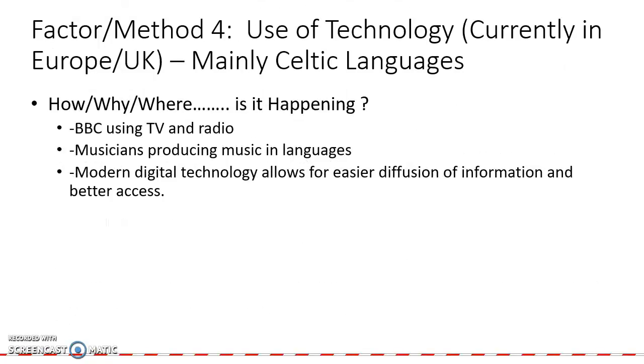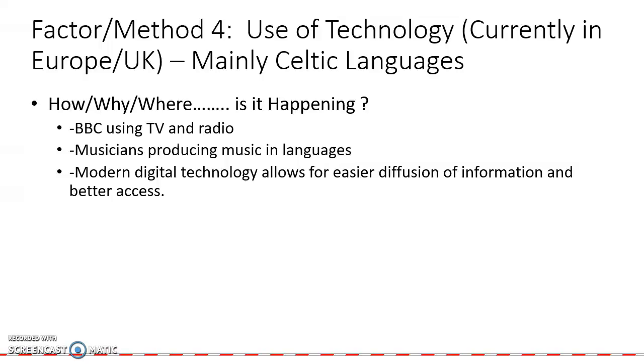Just like you learn oftentimes through technology, they're trying to use technology to revive various languages that are extinct. So currently in Europe and the UK, they're again trying to revive these Celtic languages. So how and why and where is it happening? The BBC, again, the British Broadcasting, they're using TV and radio. Musicians are producing music in these languages.